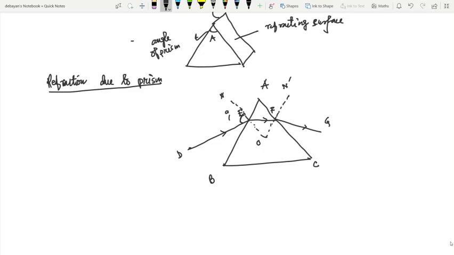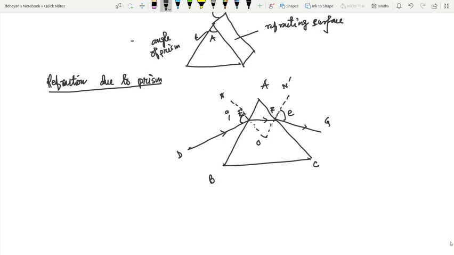The ray FG is called the emergent ray, and the angle made by the emergent ray with the normal is called the angle of emergence, say e. When the emergent ray is produced backward, it will meet the incident ray, produced forward, at O prime.